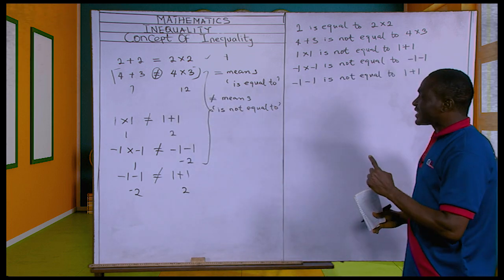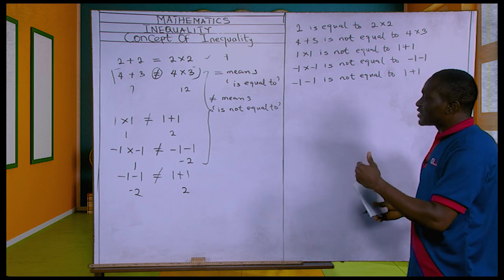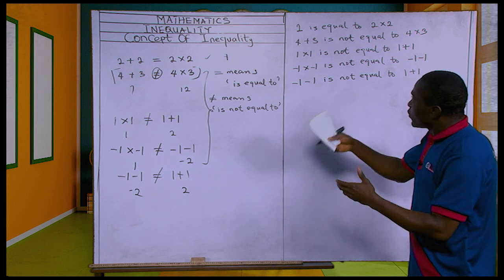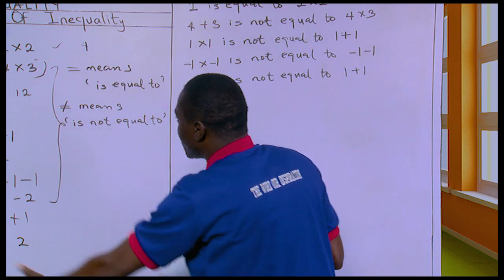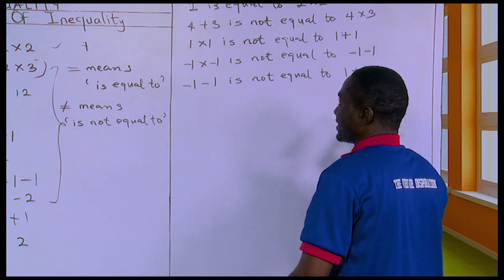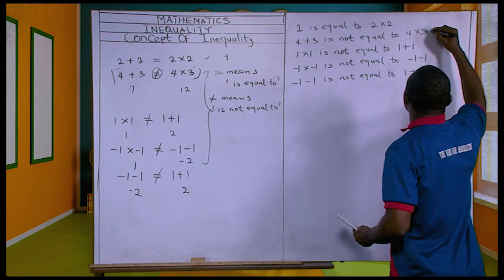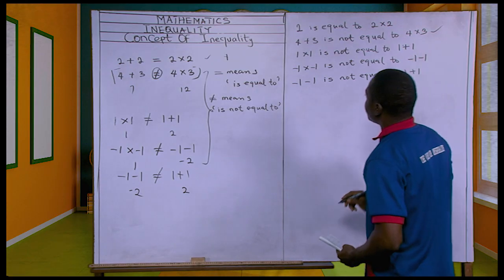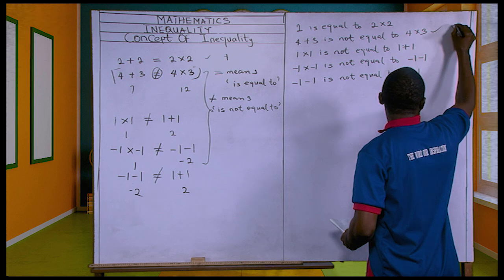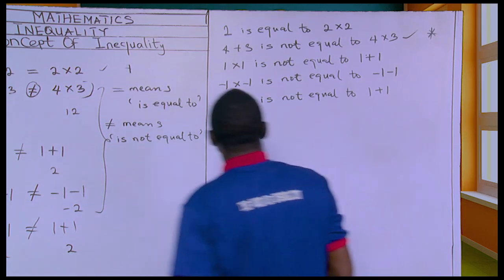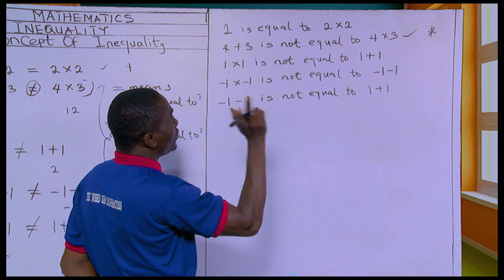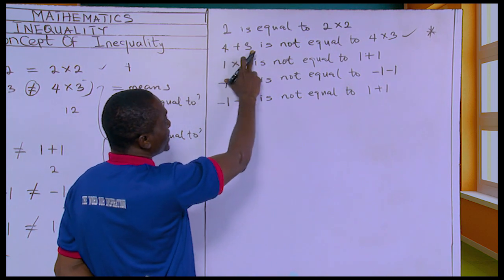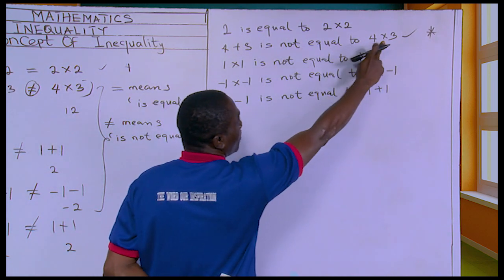Now don't forget that I've said something about the reason why one side is not equal to the other side. Starting from this, let me make it an asterisk. Okay, so we have known the reason why 4 plus 3 is not equal to 4 multiplied by 3.